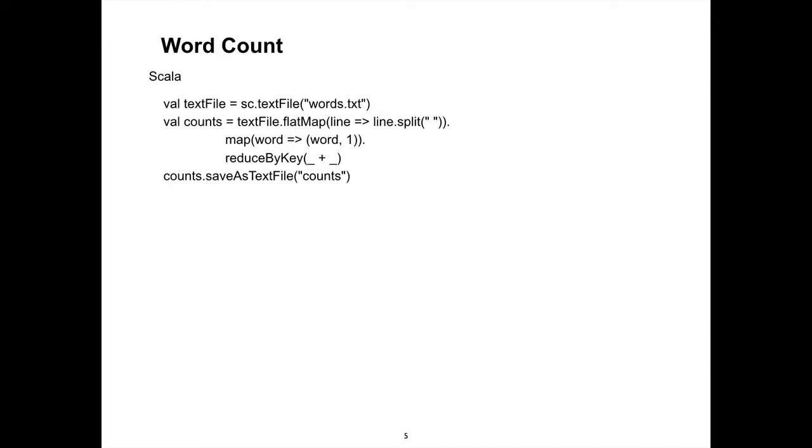And so in Scala, there it is, right? Read the text file, and that returns a data frame. And then I can do a flat map onto a split, and then I can do the map to map it from a single word to a tuple of word and one, and then I can reduce by key by adding up the values, and then I can save it.